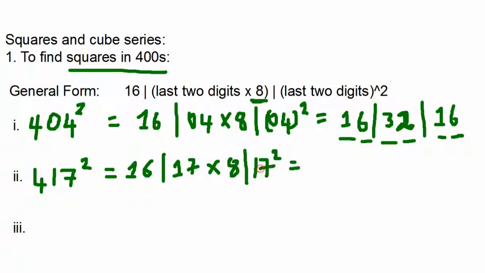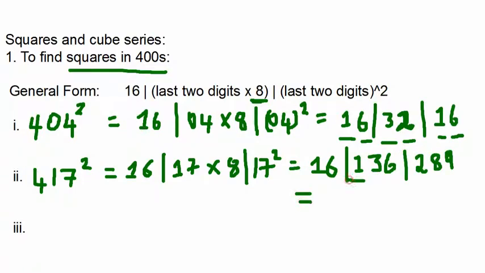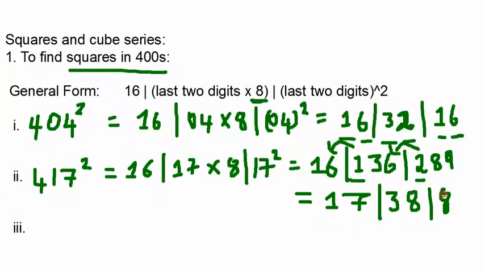In the 200s, multiply with 4. For 300, we multiplied with 6. Now for 400, we take the last two digits and multiply with 8. And finally, we square the last two digits. Any carryover, just move towards your left hand side. We get the answer as 17, 36 plus 2 is 38 and 89.